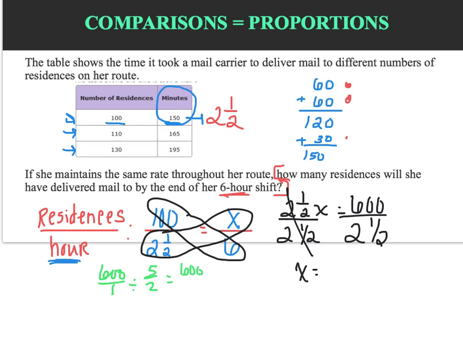So keep, change, flip, 600 times 2 is 1200 over 5. And 1200 divided by 5 is 240. So she can go to 240 homes or residences in 6 hours.